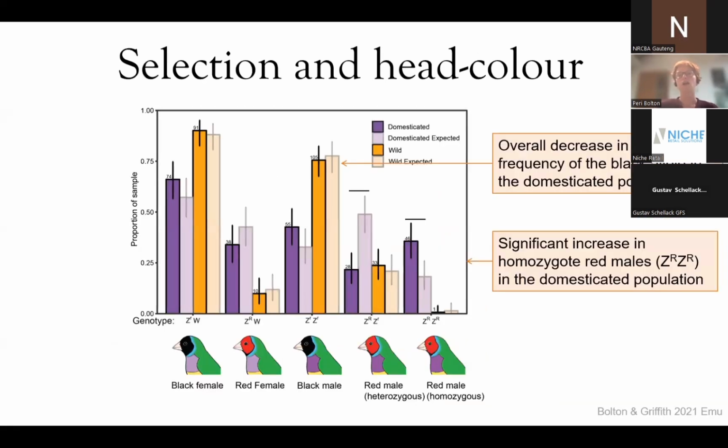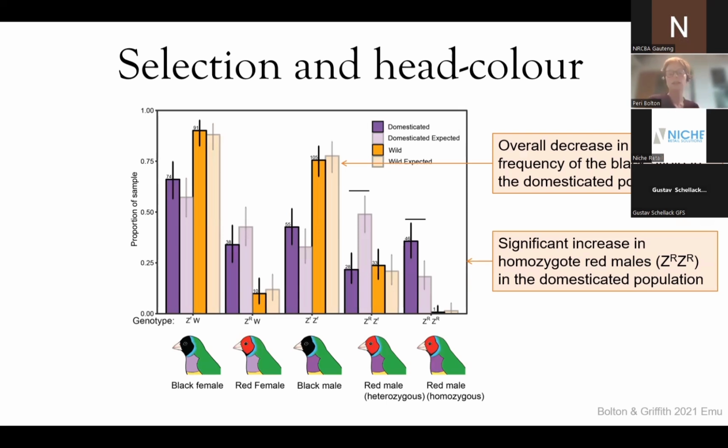I know this is a complicated plot, but the most important part is that, compared to the wild, we see a decrease in the frequency of black males in the domesticated population, and an increase in the frequency of homozygote red males in the domesticated population. So this is all kind of interesting.